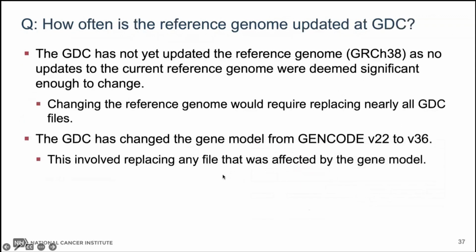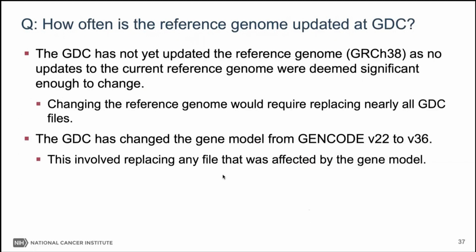Another question we get is how often the reference genome is updated at GDC. And the answer is right now that GDC has not updated the reference genome, as there haven't been any updates to the current reference genome that were deemed significant enough to change. And you may ask, who makes that decision?